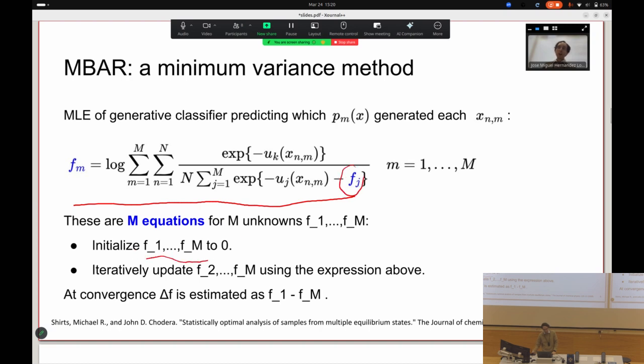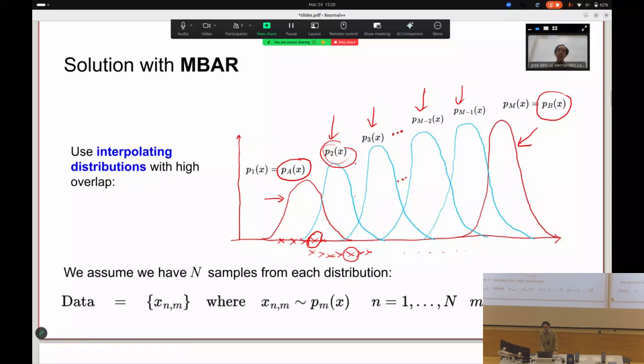You plug them into this formula, and you update each log normalizer as a function of all the other log normalizers, and you repeat this several times. These are just maximum likelihood update equations for a classifier that tries to guess, for each of the samples, from which curve it came from. Okay, that's the basic idea.